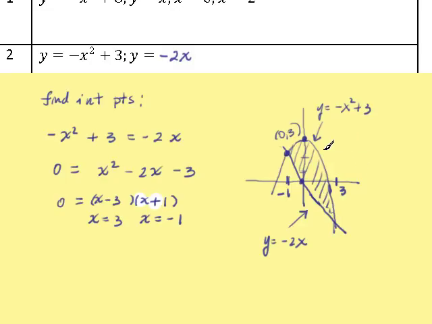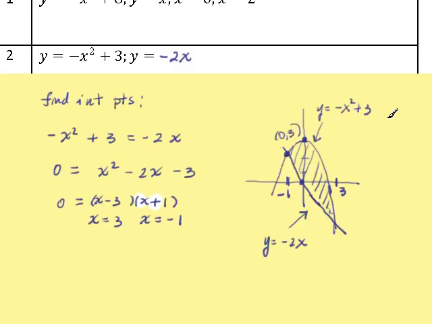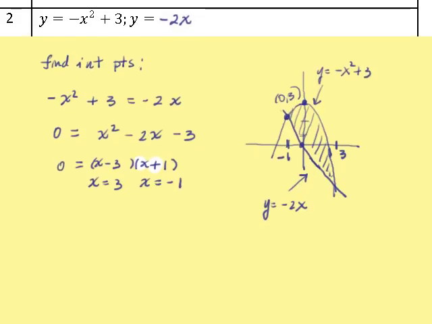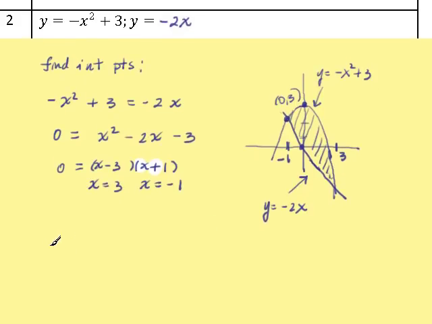So we see that the upper curve is minus x squared plus 3, although we could just substitute in a value like 0 into both curves, and we would see that this one is above this one. All right, let's apply our formula. The area, the shaded area, is the integral from minus 1 to 3.